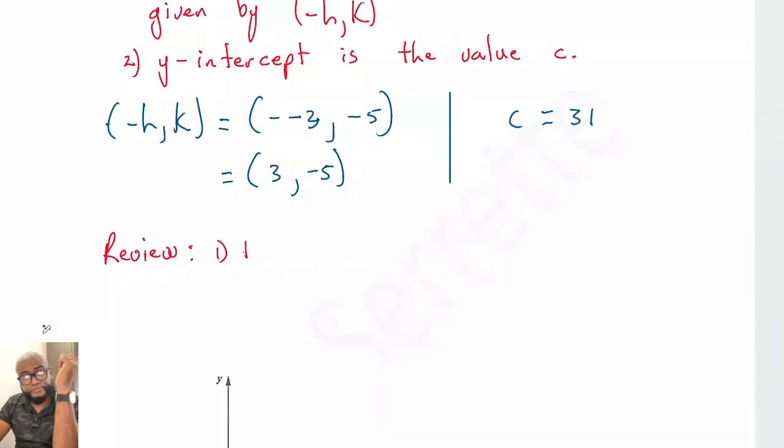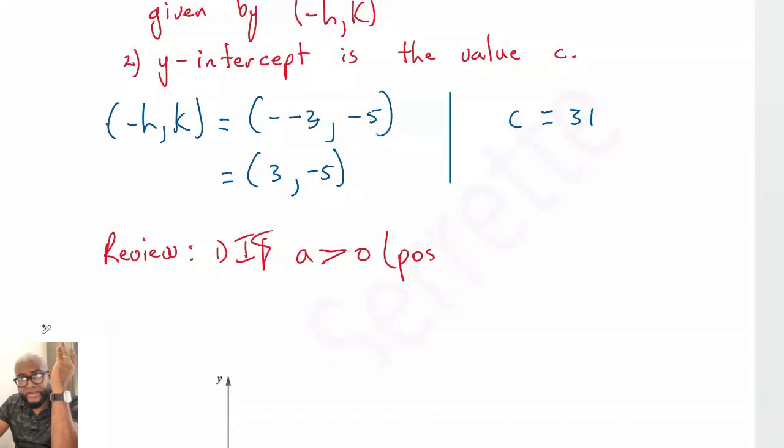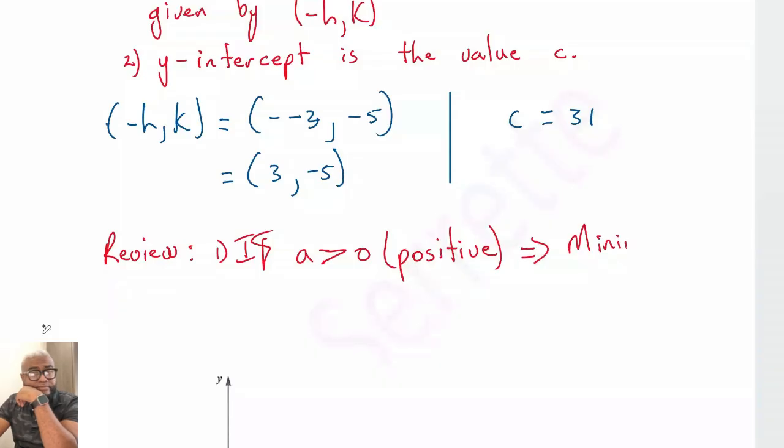So, if a is greater than 0, that means greater than 0 implies positive, right? Okay, so if a is positive, this implies that we have a minimum curve, right?